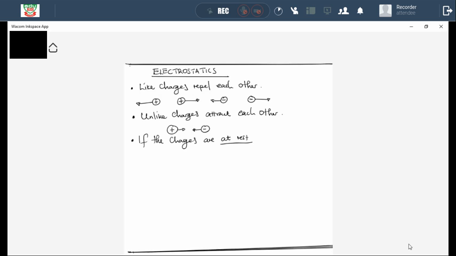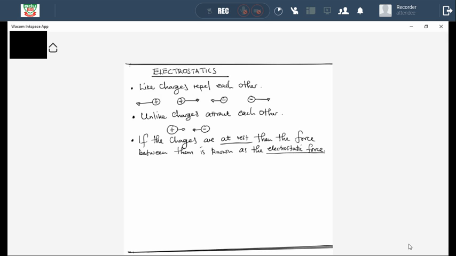So if the charges are at rest, then the force between them is known as the electrostatic force. Allow me to underline the term electrostatic force, and put a full stop there.